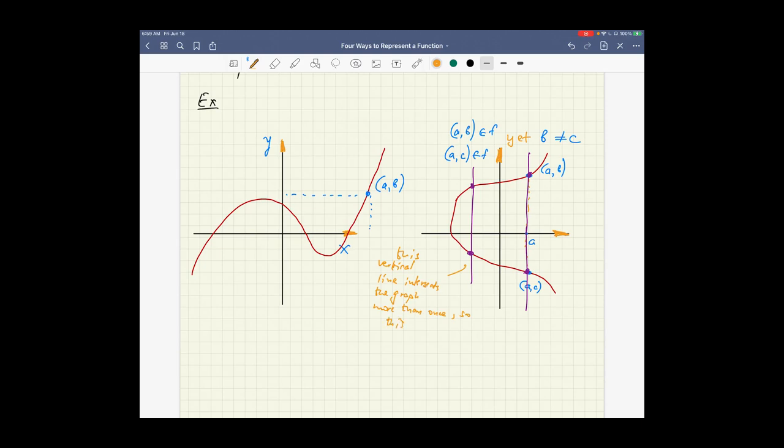So this curve cannot be the graph of any function. Unlike here, any vertical line intersects this curve at most once. So this curve is the graph of a function.